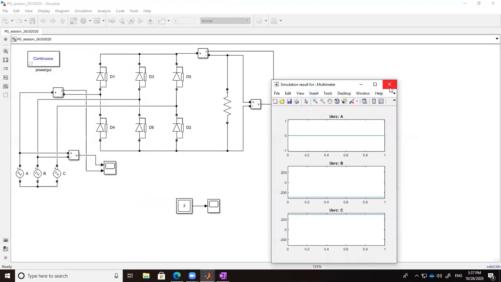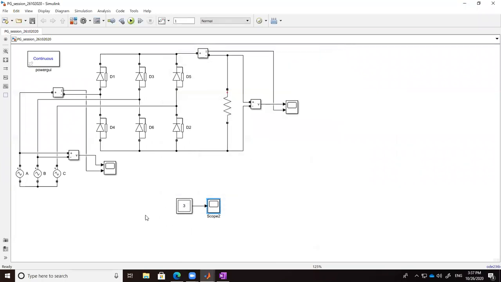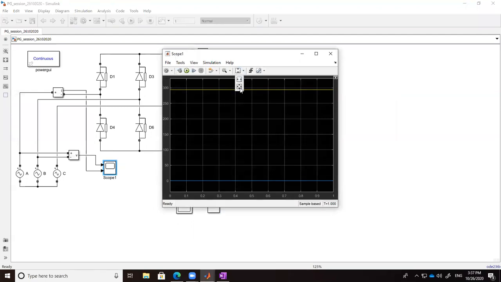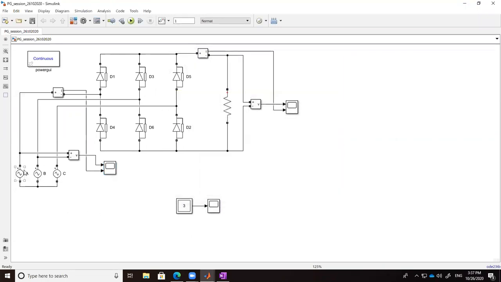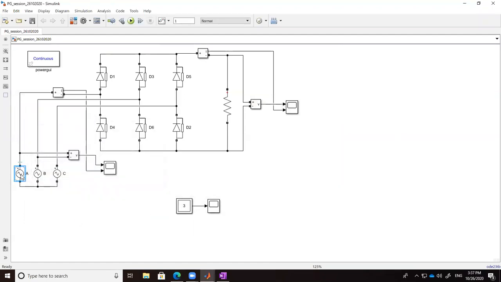If you look at this, it has automatically plotted, but I'm more interested in this. Just a minute. I think something has happened. Oh, sorry.